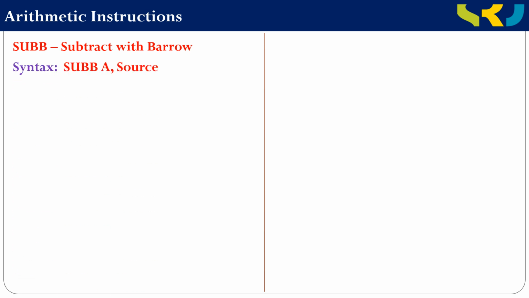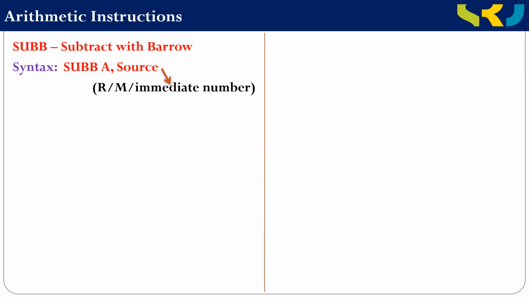Here also source is a register, memory, or any immediate number. The destination is always the accumulator only for all arithmetic and logical operations. And while performing the subtraction operation, the 8051 microcontroller uses the 2's complement addition method.